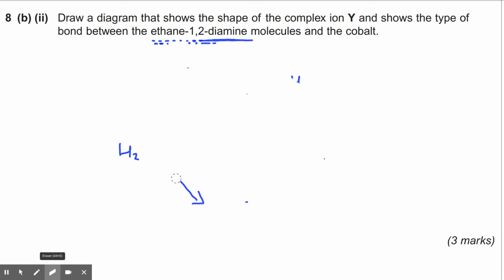So we'll take the central cobalt, and what we'll do is surround that with 3 ligands, 1 in this direction bonding to the nitrogen, so we're going to have NH2. Try not to make the diagram too messy.